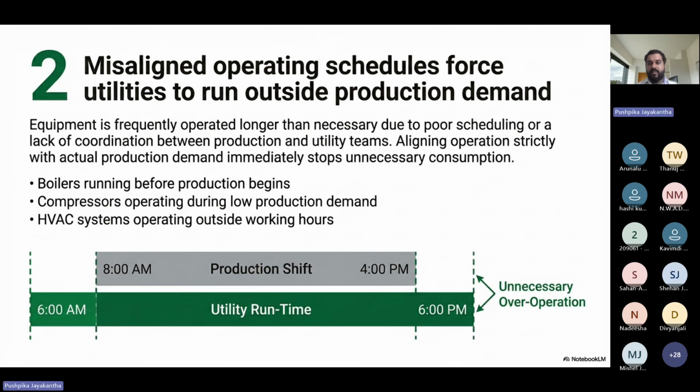Another common inefficiency occurs when utility systems operate longer than necessary due to poor coordination between the production schedule and utilities. You can see here the production shift runs from 8 to 4, but the utility runs 6 to 6. So there's unnecessary energy overoperation, and due to this, energy waste.